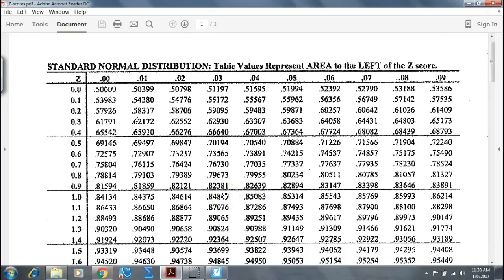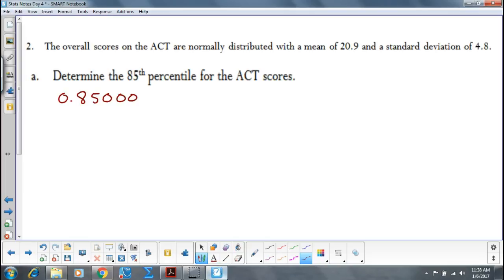This one is 150 some below. So let's go with 1.04. Okay? So that gives me a z-score of 1.04.